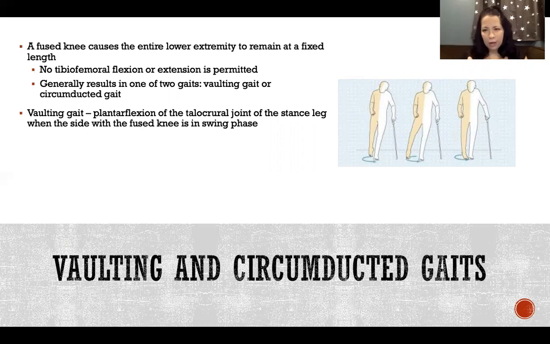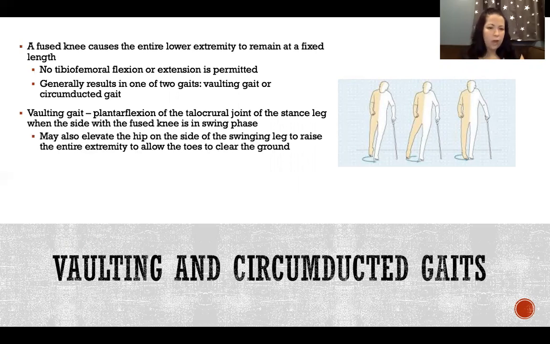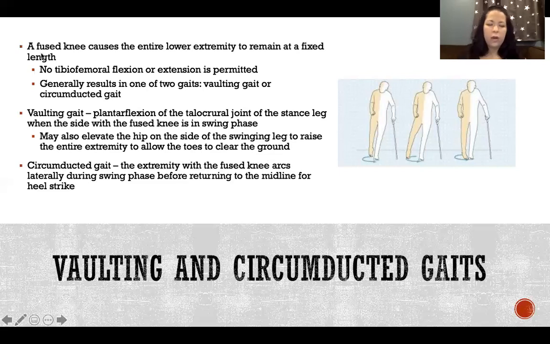If we can't flex the knee, then in vaulting gait, in the stance leg, the person goes up on their toes in plantar flexion so that they have enough room to swing the totally extended leg through in the normal path. That's a vaulting gait. So they're lifting up and vaulting through with each step. They might also elevate the hip on the side of the swinging leg, to make room so the toes can clear the ground.